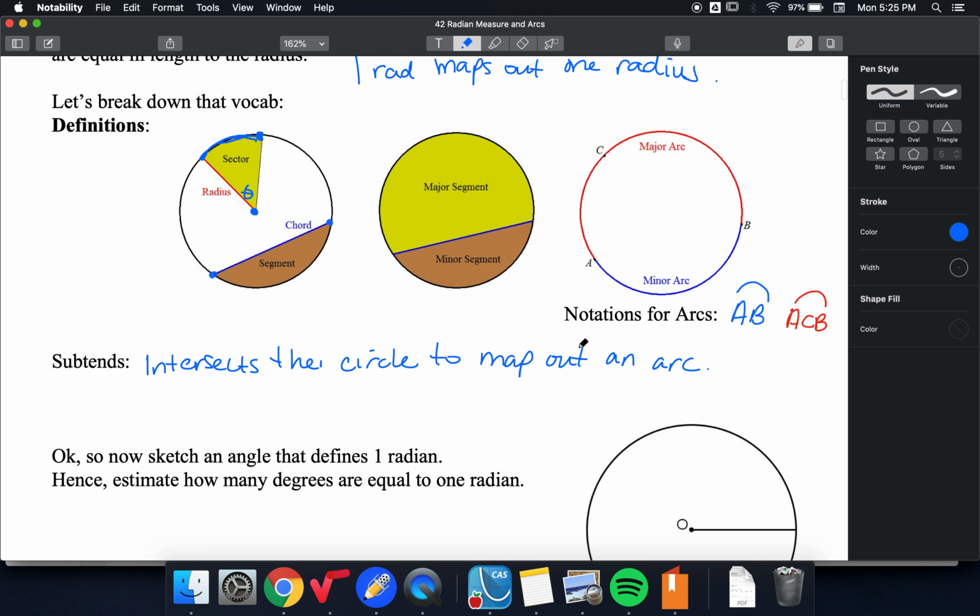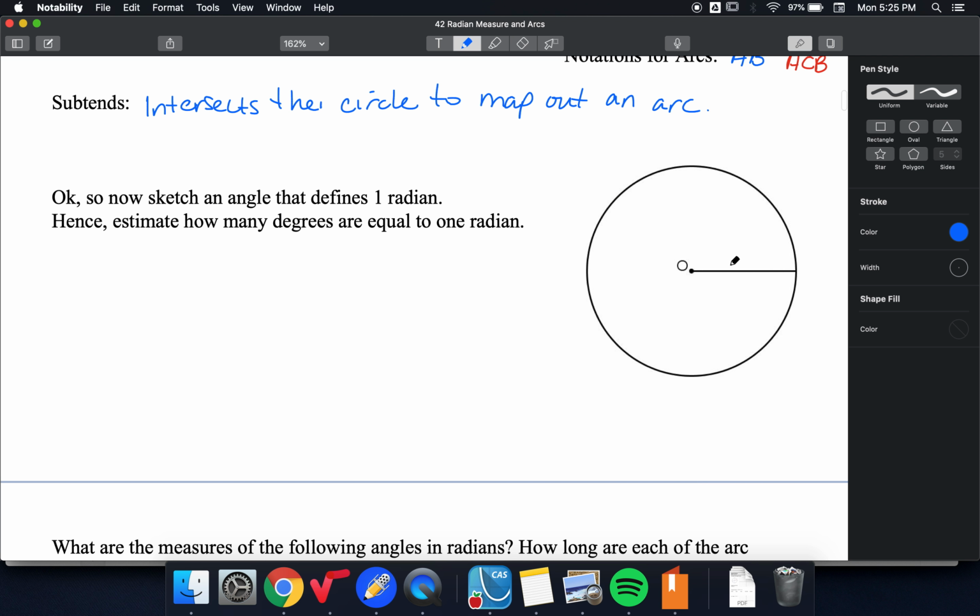So let's try and sketch that. So here's my radius. So now I want an arc that's about that same length. So I'm going to trace it out to get a feel for how long it is and then try to do something similar in length on my circle. So that also would have a length of r, whatever the units are, centimeters or what have you.